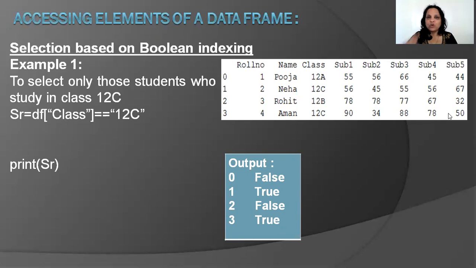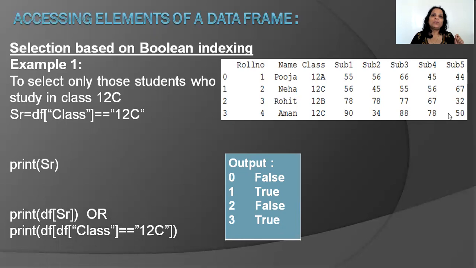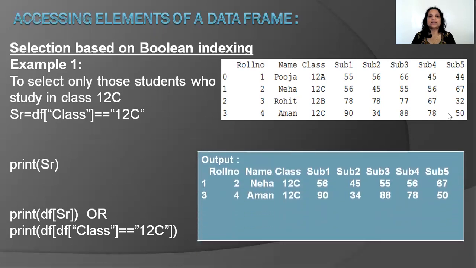In that scenario, we will have to slightly change the way we write. We write print df square bracket SR. So SR gave me false, true in this scenario. df square bracket SR would mean you're displaying all the rows that satisfy the condition. That's row number 1 and row number 3, with respect to the row labels. When I do that, I get Neha and Aman's record.